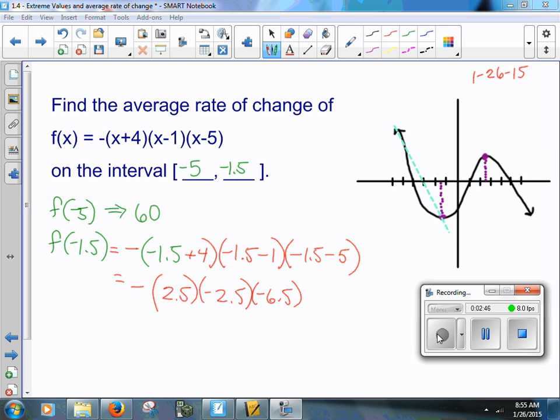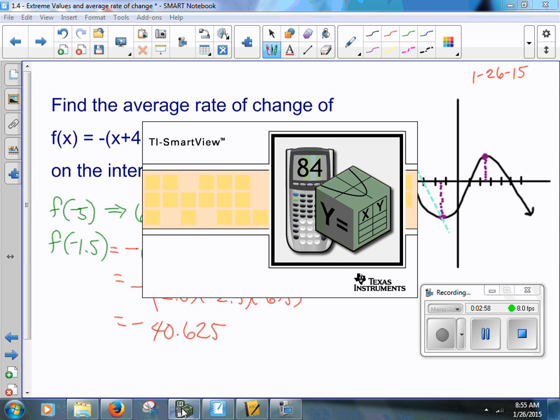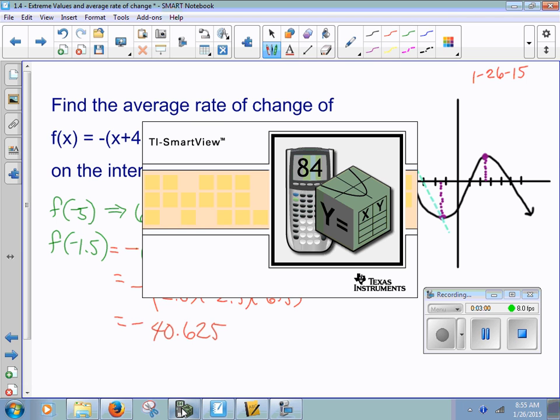2.5, 2.5, 6.5, 40.625. And we got a negative times a negative, which is a what? And a positive times a negative is a negative. Oh, I have a calculator, don't I? Why am I always forgetting about this?